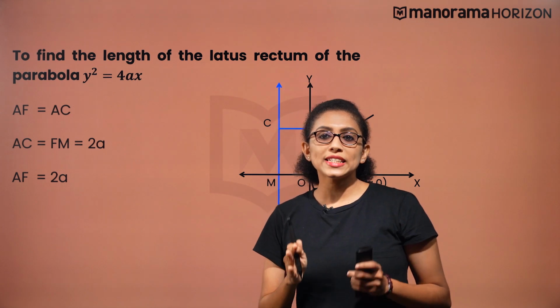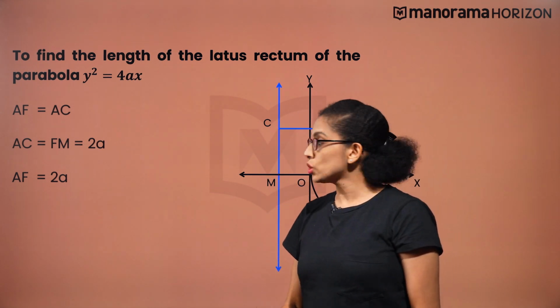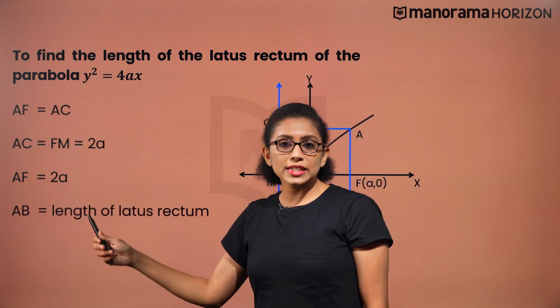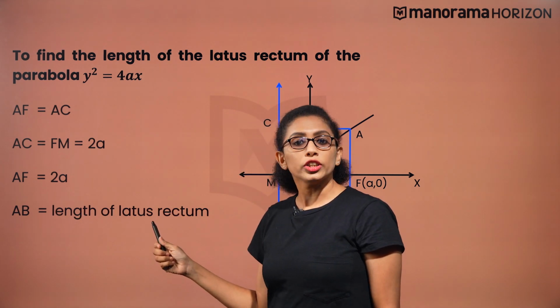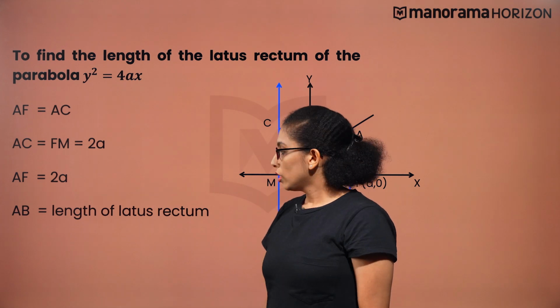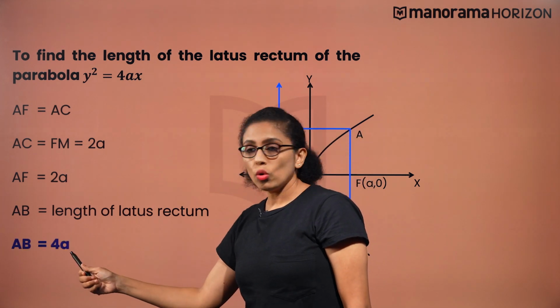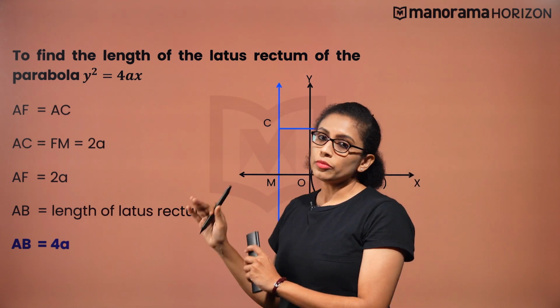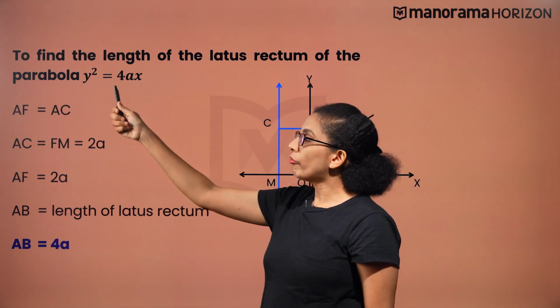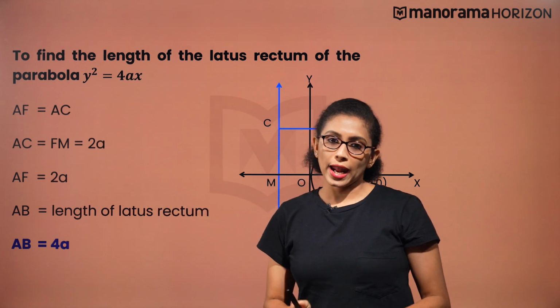And since the parabola is symmetric with respect to the x-axis, we can write AF is equal to FB, and so AB will be the length of the latus rectum. Therefore, AB is equal to 4a. So, this is the latus rectum for the parabola y² = 4ax.